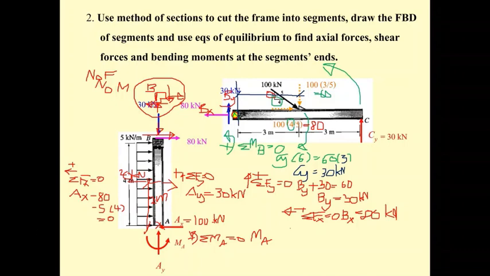So the M sub A is equal to, okay, 20 times 2, and then the 80 is going to rotate in this direction, opposite to M sub A, so it's going to be the 80.